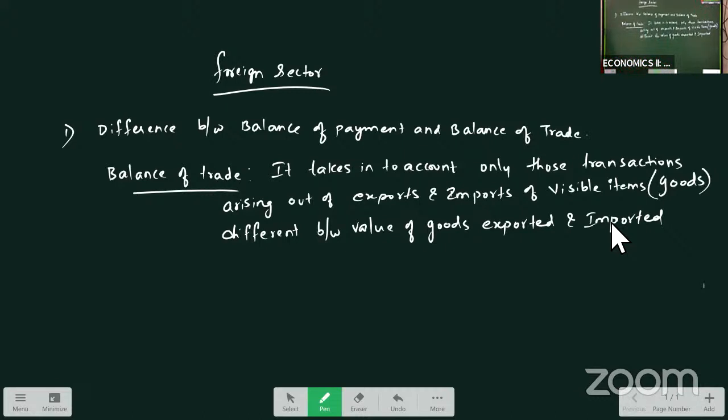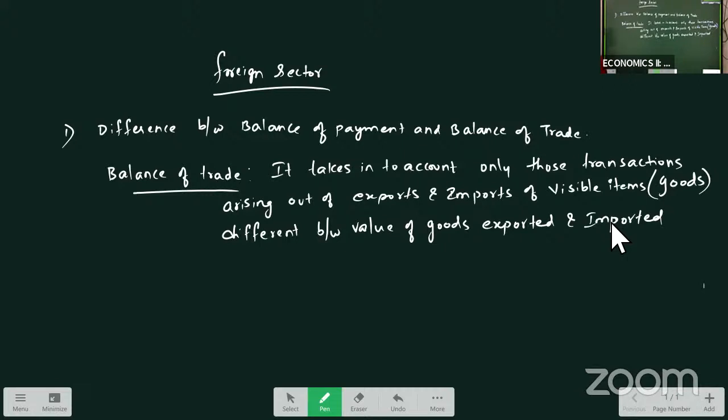Okay. So here we can say balance of trade takes into account only those transactions arising out of export and import of visible items. That means it does not consider the exchange of invisible items, such as services. Services like shipping, insurance, banking, payment of interest and dividend, and expenditure by tourists.